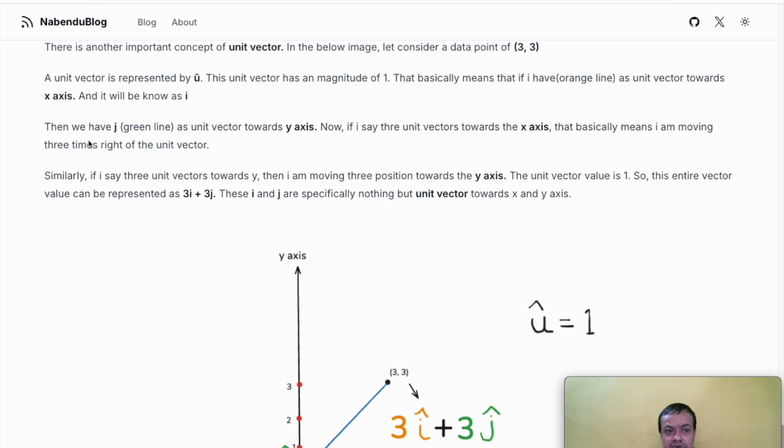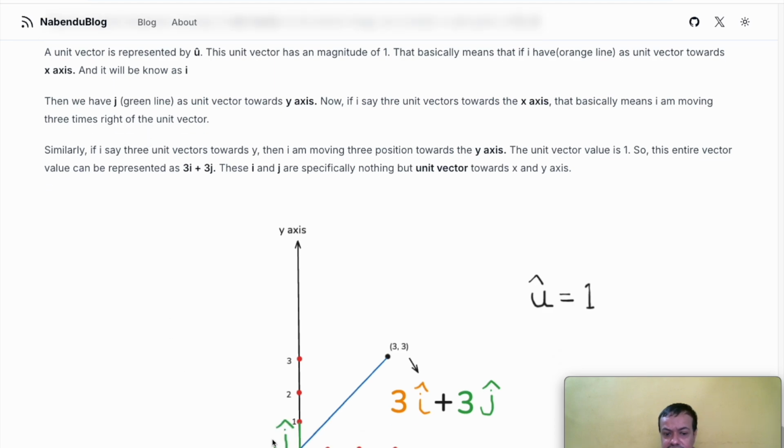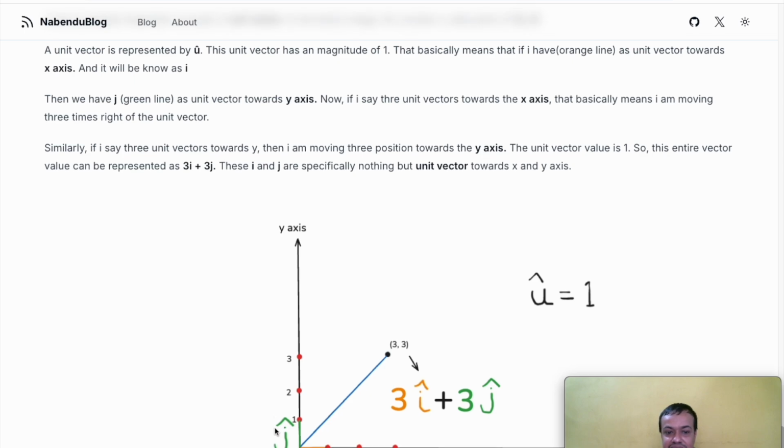Then we have j, the green line j, as a unit vector towards the y-axis. So 1 is the unit towards the x-axis, and this is towards the j-axis.